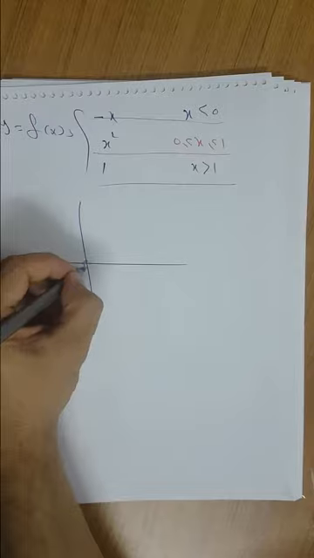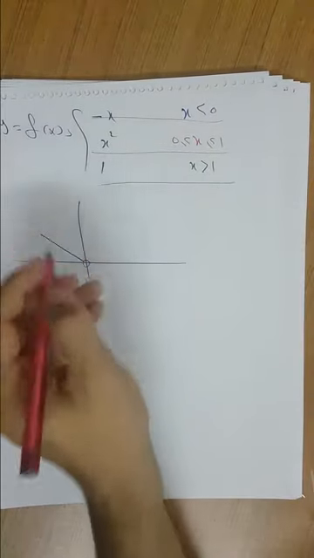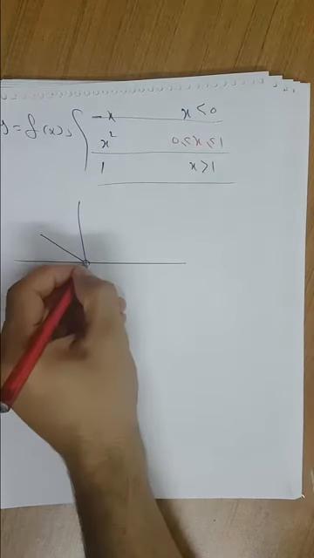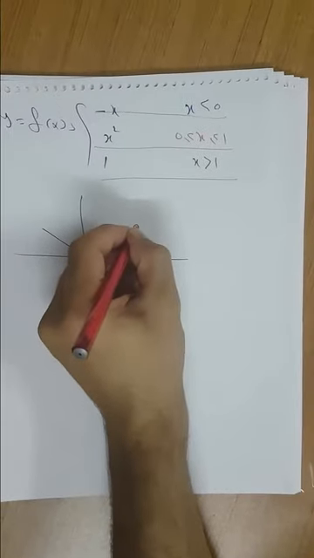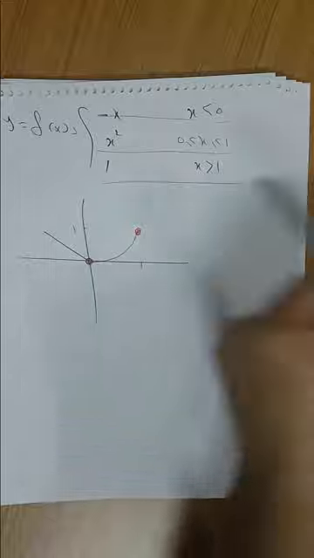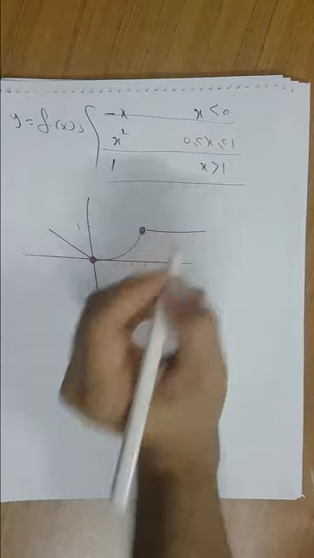Okay, now this is my turn. So minus x for the first part, I'll do it in red. So this is the second f, which should be 1. Okay, how about greater than 1? This is the third part. Okay, dear.